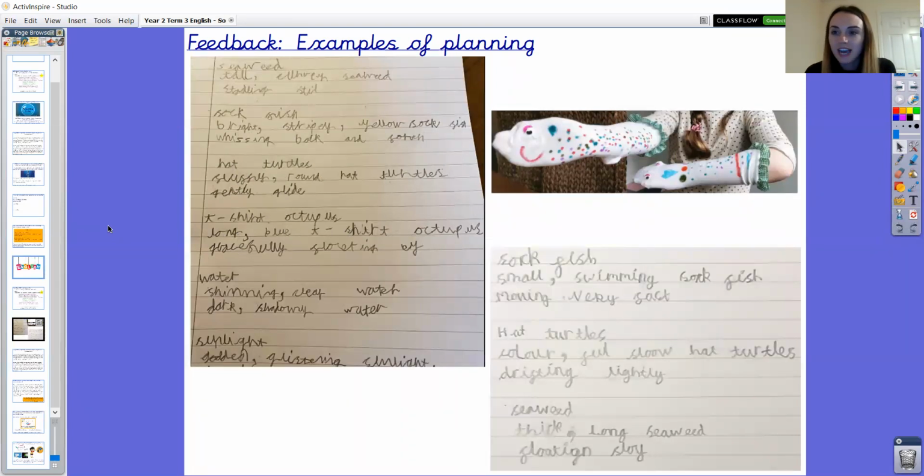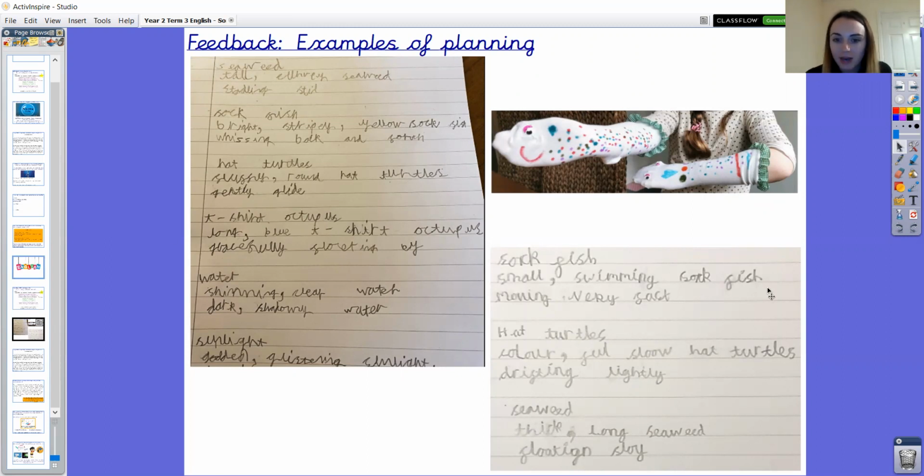Some really interesting adverbs here, which are adding detail to the verb. So for example, gracefully. It's a fantastic word choice. We've also got some expanded noun phrases here to describe the water. Shimmering clear water, dark shadowy water. So some great planning there.